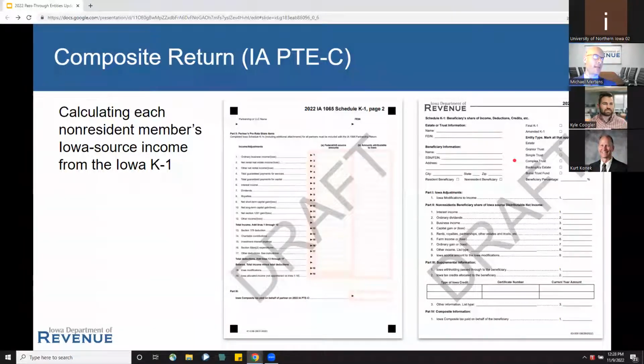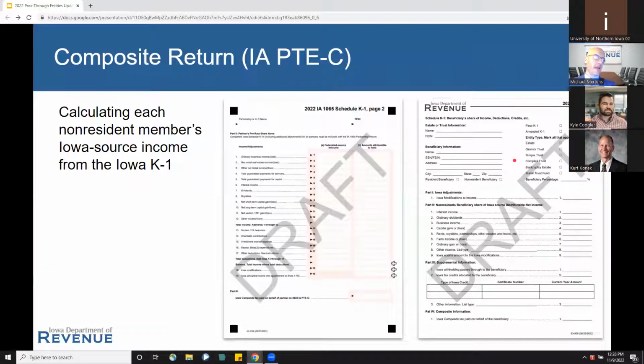So if you're looking at a non-resident partner in a partnership, you're going to essentially add 3 lines from column B of the K-1. These are the amounts of income attributable to Iowa.